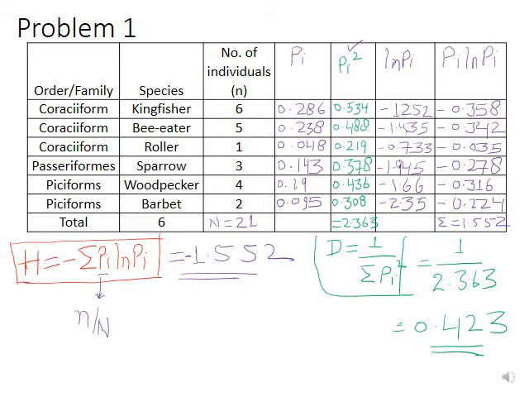So either you put the Shannon value as it is, or you can change to the Simpson value. Both values will represent the species diversity of a given area or given site. Okay.